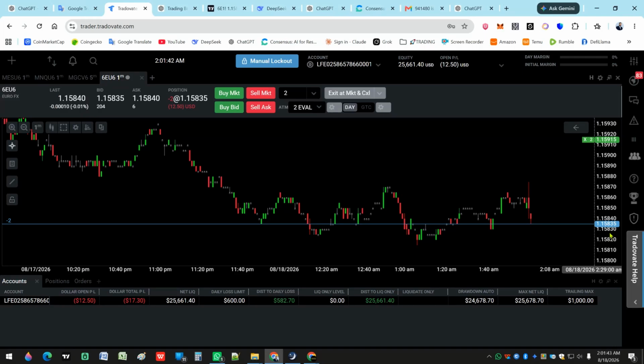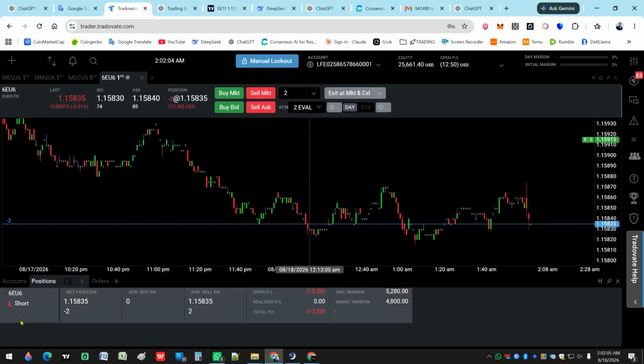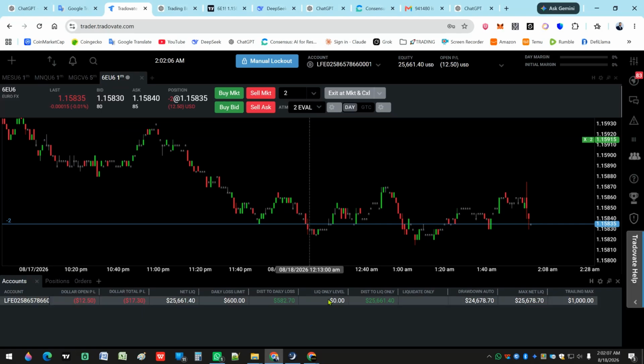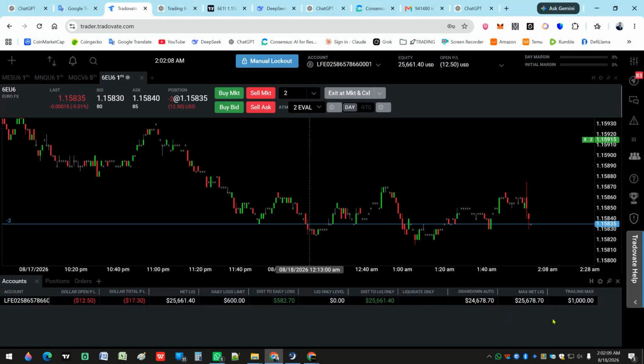Entry would be 1.15850. Okay. Stop is a sell position short. Okay. 15,890.